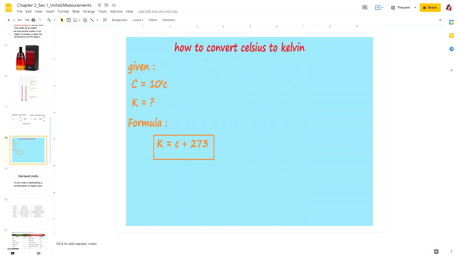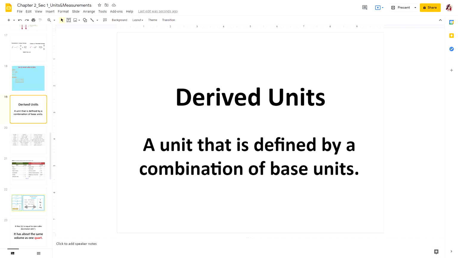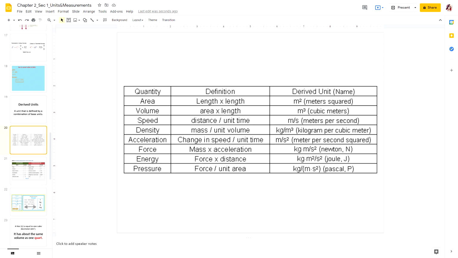Okay, so from these basic SI units, we also have the derived units. What are derived units? A unit that is defined by a combination of base units. So these are examples of the derived units. Under quantity, you have the definition and the derived unit or name. So let's say, for example, area.